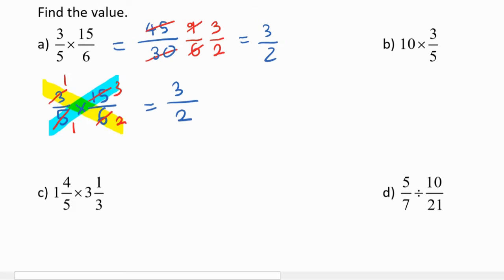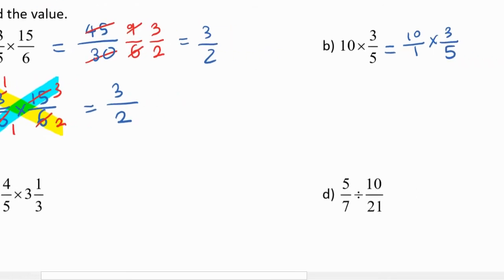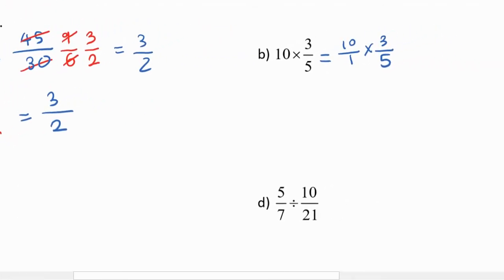Look at letter B. To solve this problem, we have to make 10 to a fraction. So 10 is same as 10/1. And multiplied by 3/5. Alright. So this time we're going to use a shortcut. Here, let's reduce the fraction diagonally.